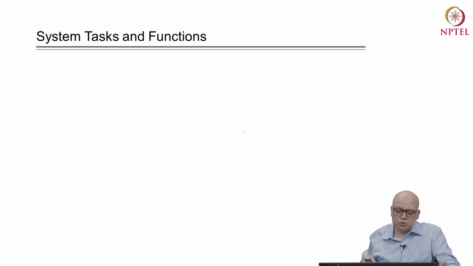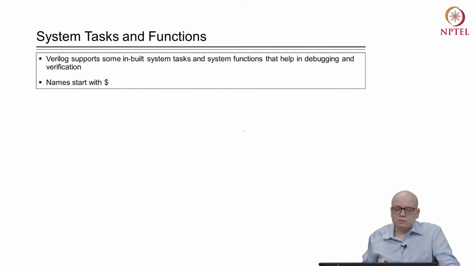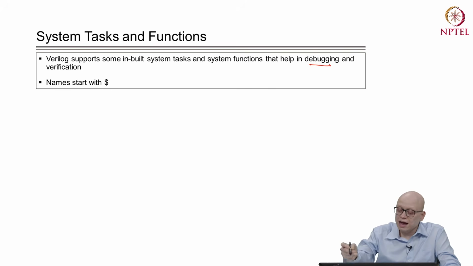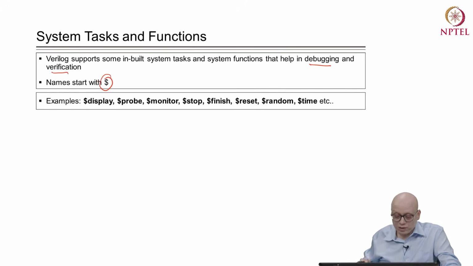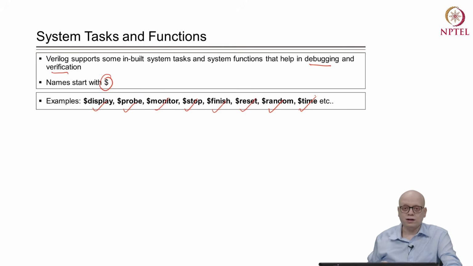Now, in addition to the constructs that we saw, Verilog supports various system tasks and functions. So, these system tasks and functions help us in debugging and in verification. The names of these functions always start with a dollar. A few examples of system tasks and functions are display, probe, monitor, stop, finish, reset, random, time, etc. Right.